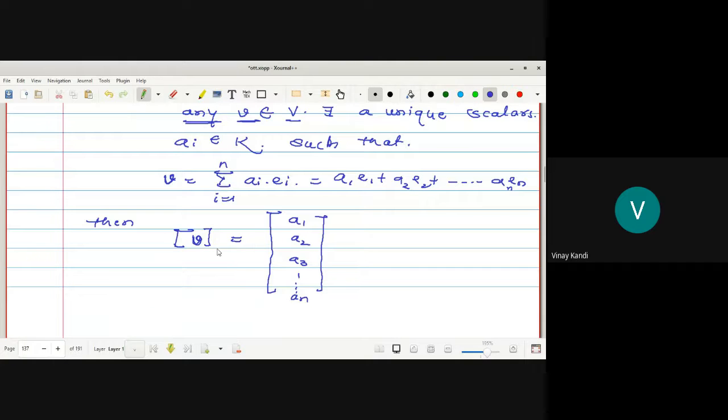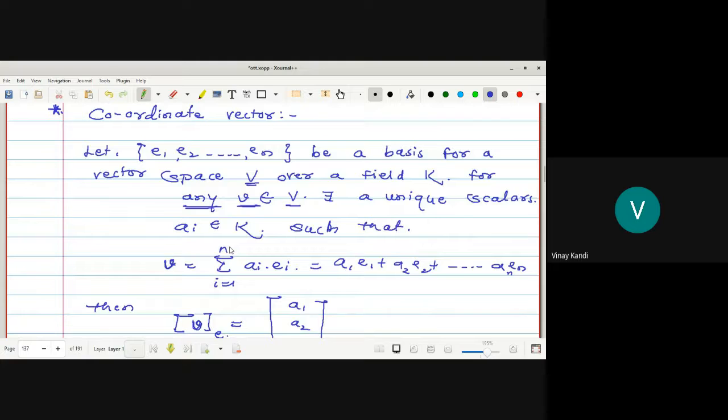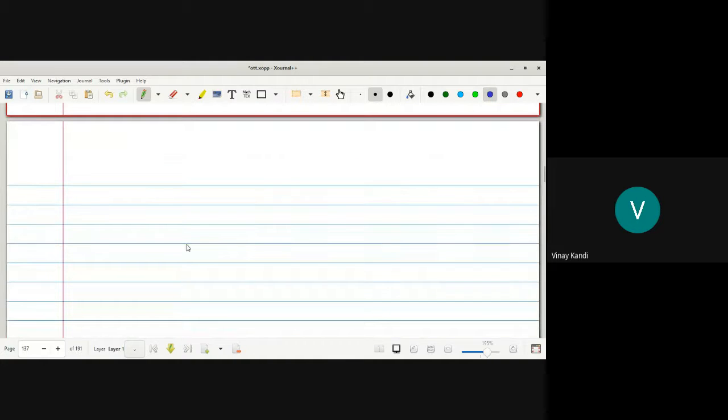Okay, now look here for the example. Example number 1. Suppose V over F is the vector space given by R3 over R. And what is the basis? Suppose beta is the basis. What is E1?